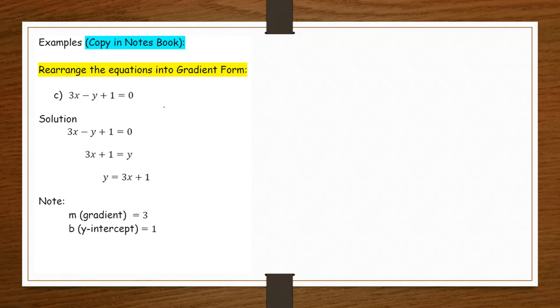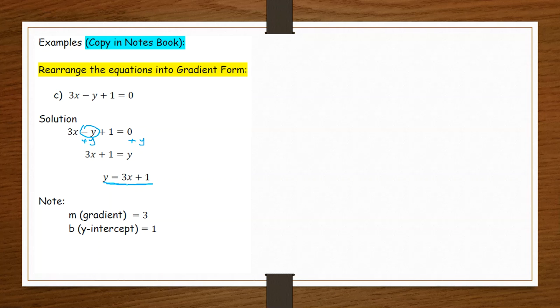Example C, this time we've got 3x minus y plus 1 equals 0. So this time around, I'm going to add y to both sides. So 3x plus 1 equals y, which I can switch around. So y equals 3x plus 1.